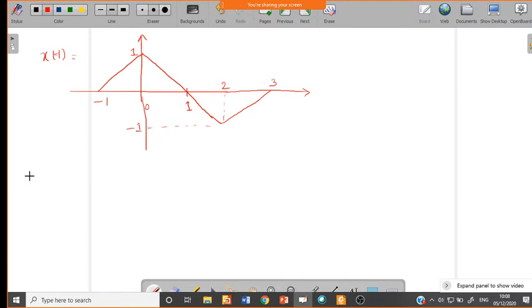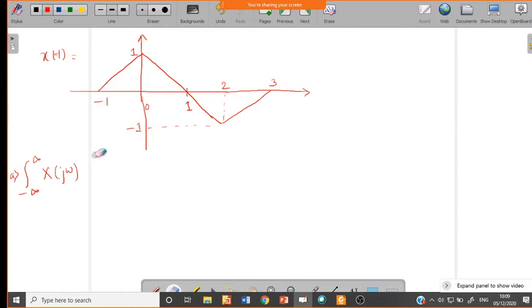Now we have to find the Fourier transform quantities of this signal without computing X of j omega. First, find the integral from minus infinity to plus infinity of X of j omega into e power j omega d omega.